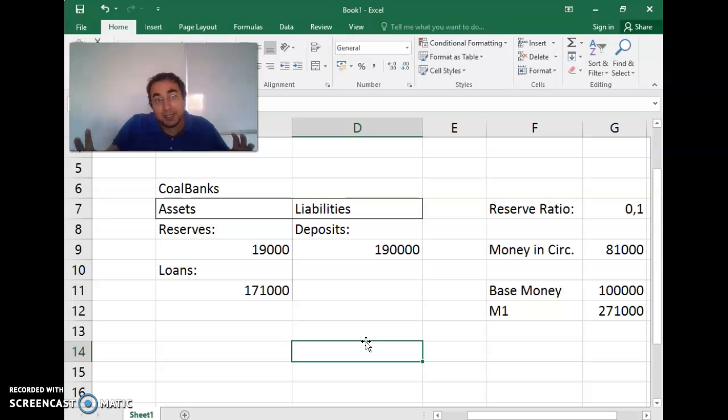But banks will lend part of this paper money, in this case 90% of it, to other people. Our initial money is still acting like money. The $100,000 is still acting like money.